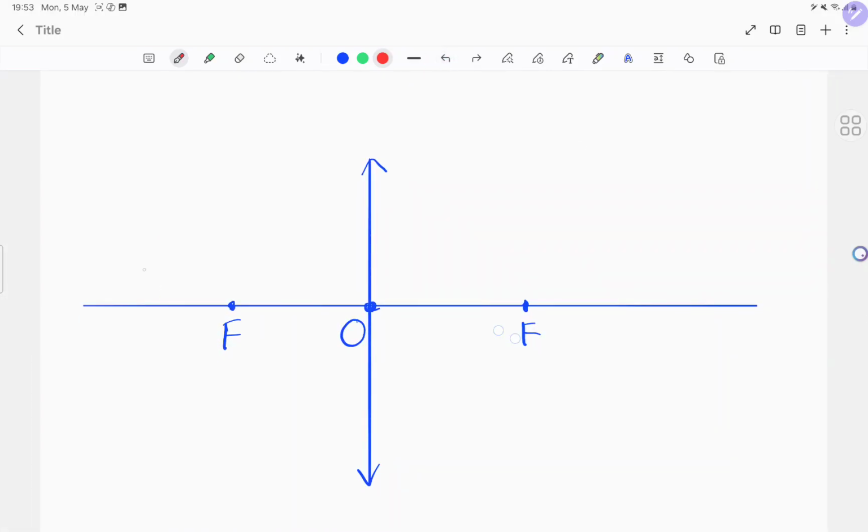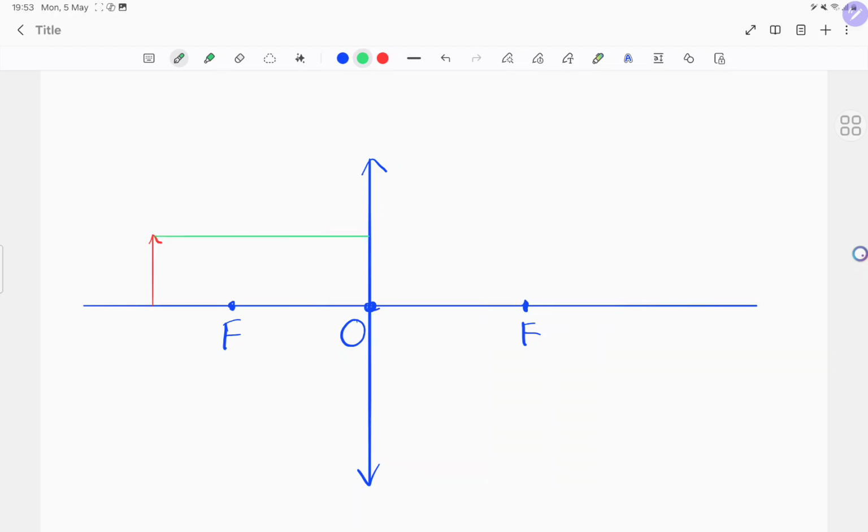Then you got this one right here. It's just an object with the direction upward. And then you want to draw the image produced by this object through the lens, right? So this is how we do it. First, you draw a line from the top that is parallel to the axis here.